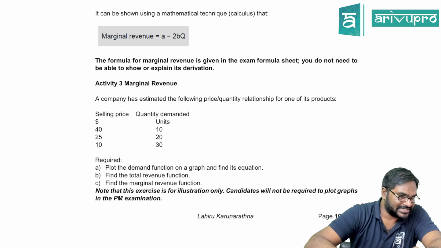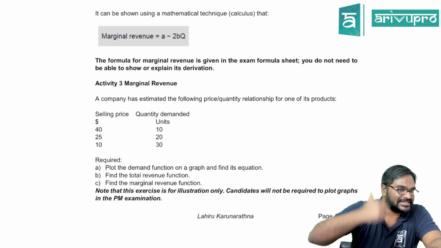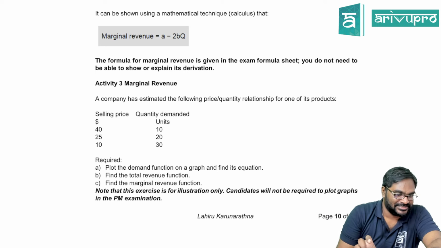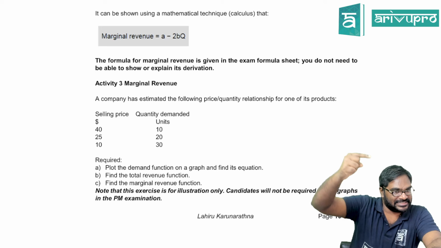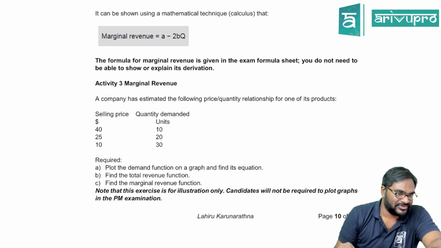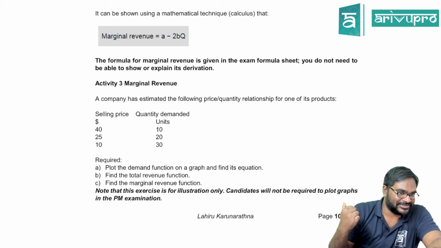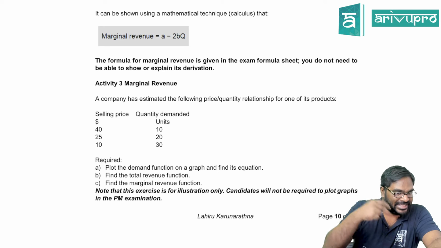According to the trend, when you increase the price by $15, the demand drops by 10 units. At $40 per unit, you have only 10 units in demand. If I increase the price by $15 more, it will become 0. So A is the price at which demand is 0. So A would be 55.